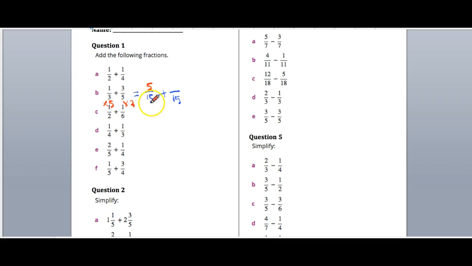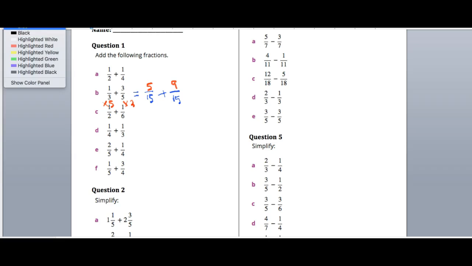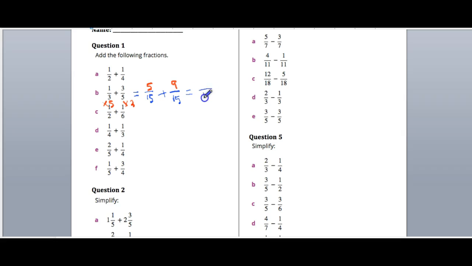So remember, 5 times 3 gives you 15. So 3 times 3 gives you 9. All right, let's just change it back to blue. Okay, and is equal to, and remember your denominator stays the same. I have 5/15 plus 9/15 gives me 14/15. So nearly a whole, but not quite.